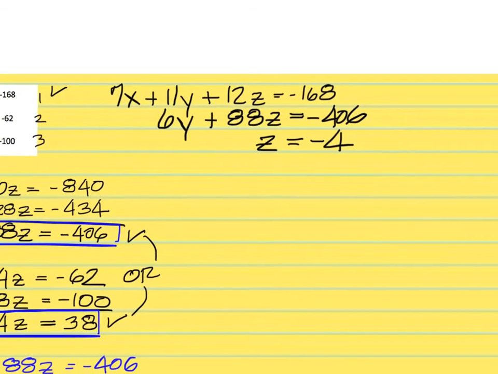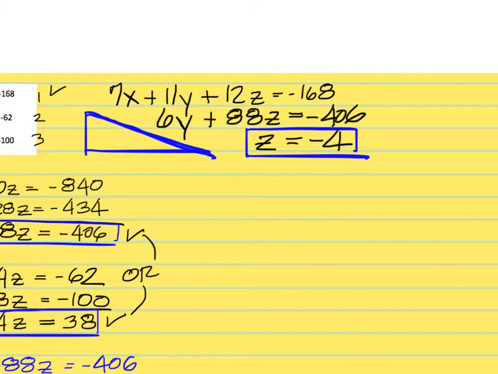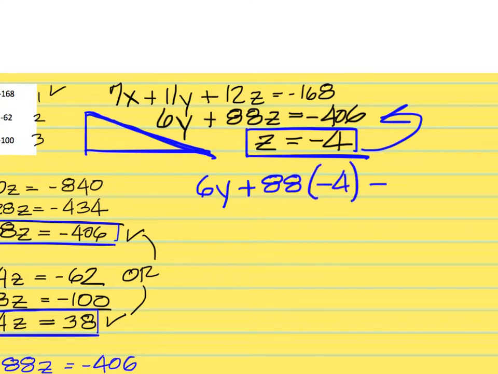So if you'll notice, this creates some kind of a wedge formation there, like this. So you start at the bottom, and you know at the bottom you have z equals negative 4. So go back to the next equation up and put negative 4 in for z. That would be 6y plus 88 times negative 4 equals negative 406.